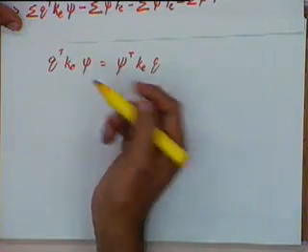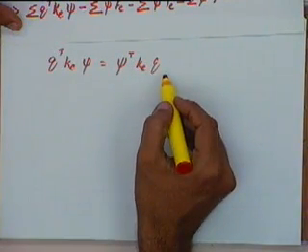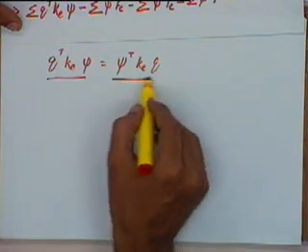The product of these three is just a single number. If I take the transpose, I will get this, so this is the same as this.